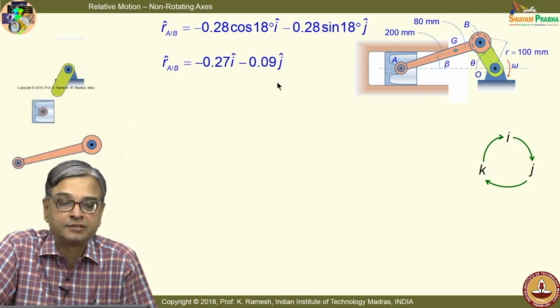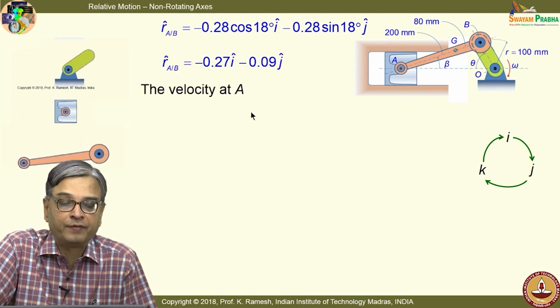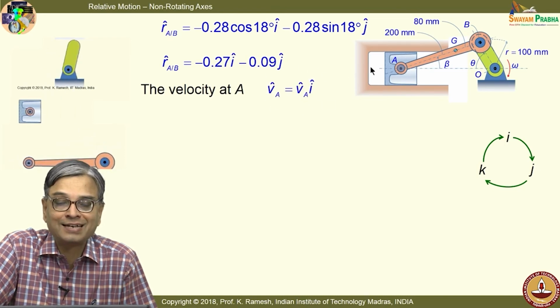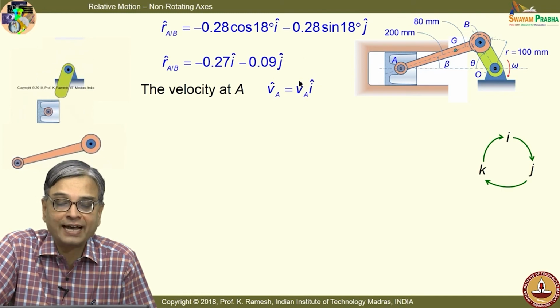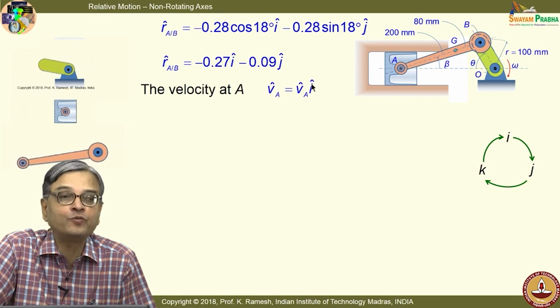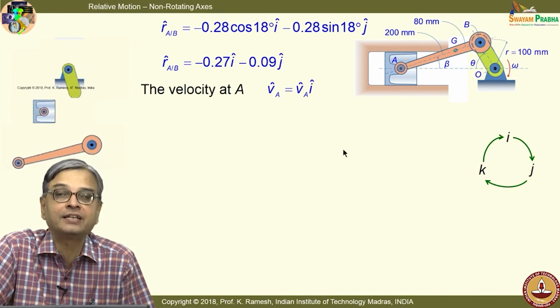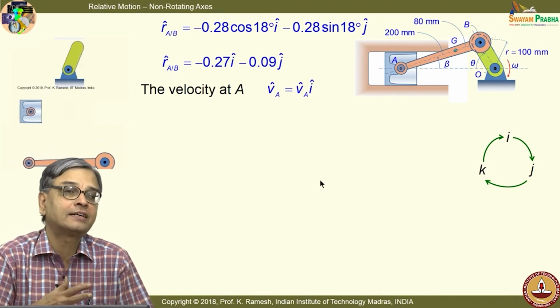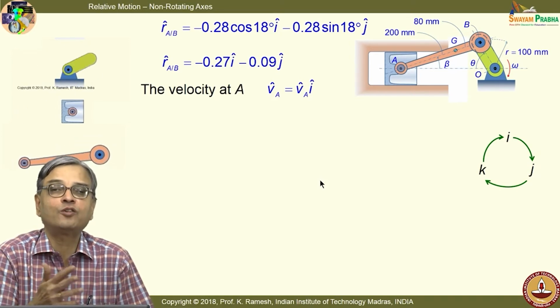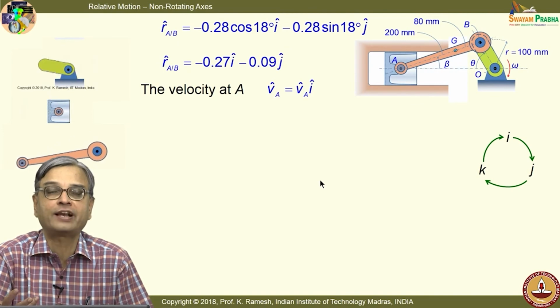And when I find out the velocity at A, we know that this is translating. So, the direction is known, I do not know the magnitude VA. So, I write the expression, then you collect terms involving i, terms involving j. This is how you do simplification in your vectorial analysis.